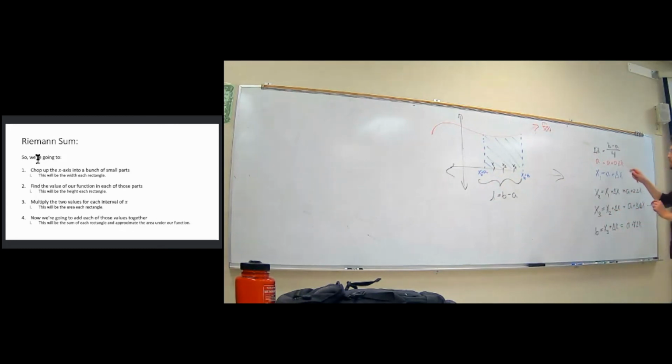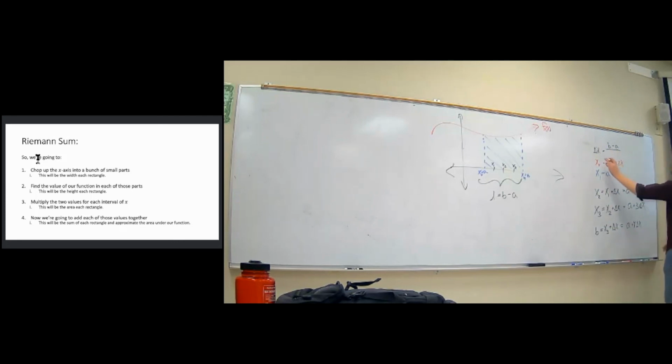So if we were to cut this up into n many parts, however many parts you want, we would say that x0 is still equal to a plus 0 delta x, x1 is still a plus delta x, but now we're dividing it into n many subintervals, as many as we want.